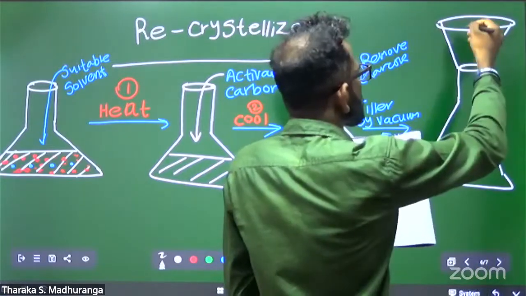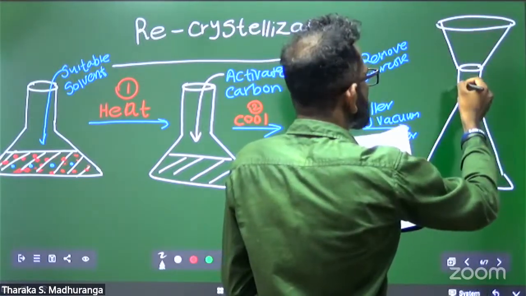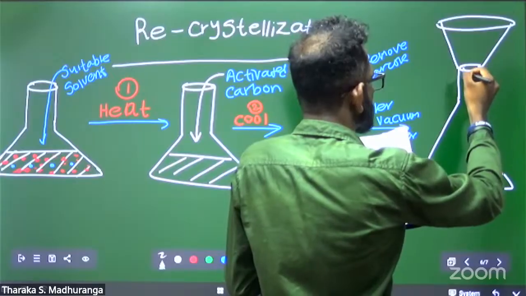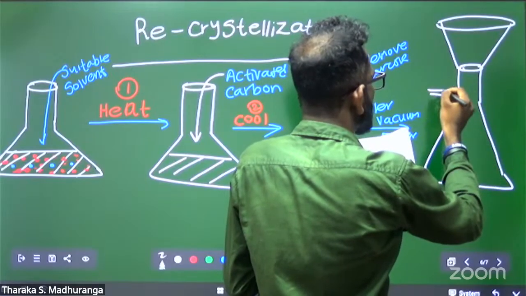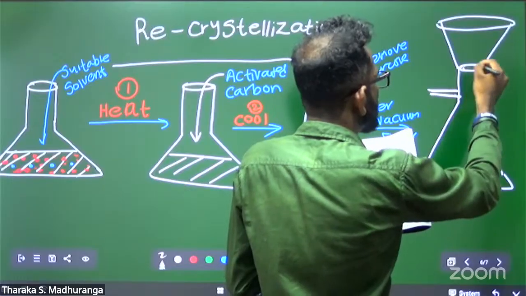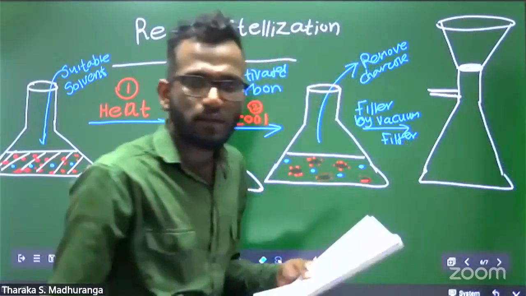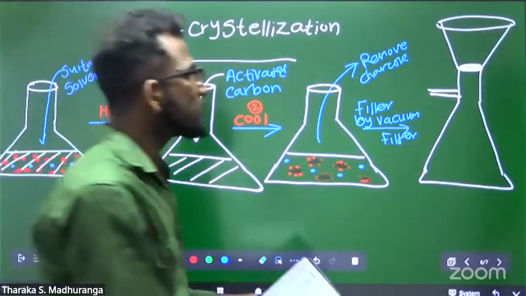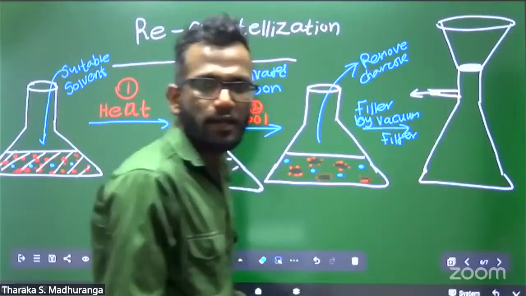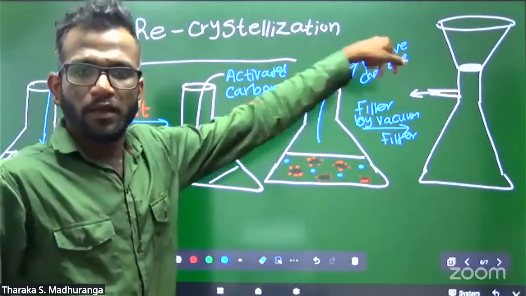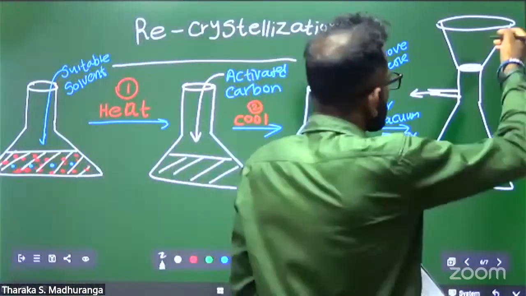That's a funnel, and there is a vacuum pump we connect to this funnel, and there is a filter paper here. After that, what happened with this vacuum pump?